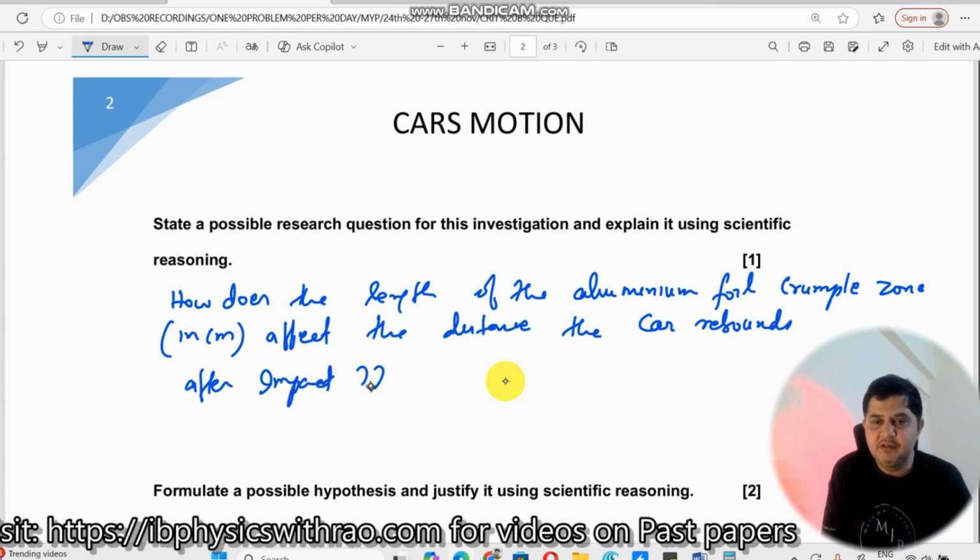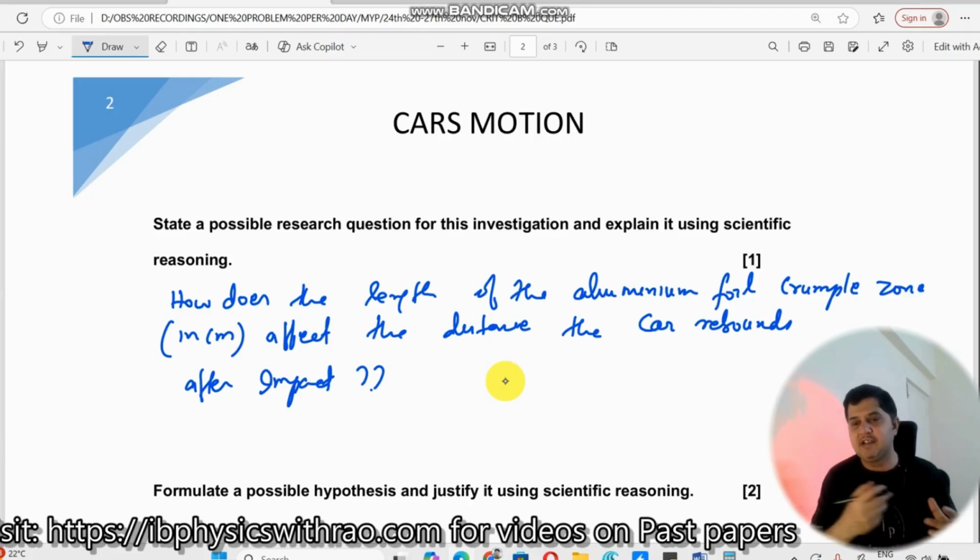So, how does the length of the aluminium foil that is attached to the crumple zone affect the distance the car rebounds after impact? This will definitely give you a better question to investigate. When you have a larger aluminium foil, then the car's rebound could be shorter. Okay, we can put it across this one.